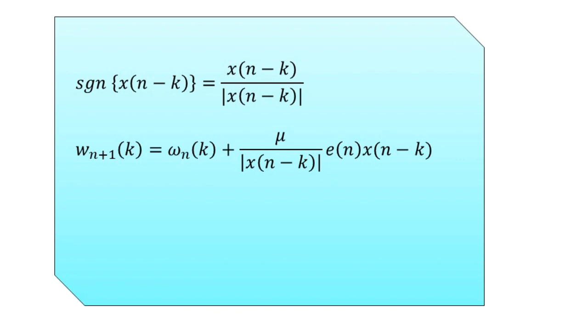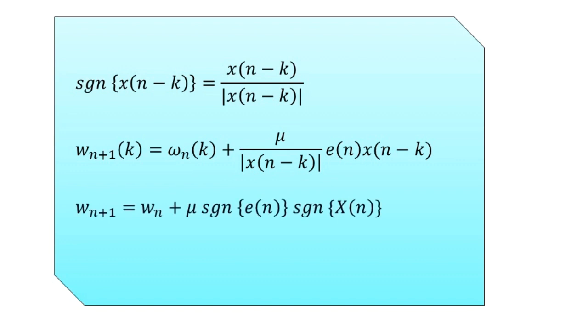So here we have W suffix n plus 1 is equal to W suffix n added by mu multiplied by the signum function sgn of E of n multiplied by sgn of x of n here. So as in the previous case, we have been introduced to the leakage term denoted by gamma here for bringing stability into the current case.